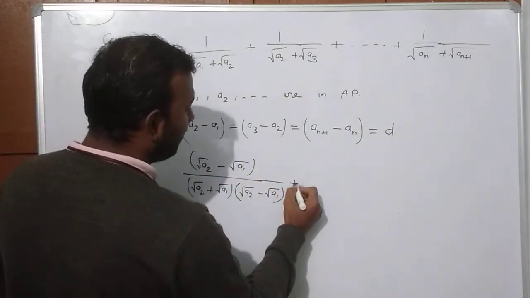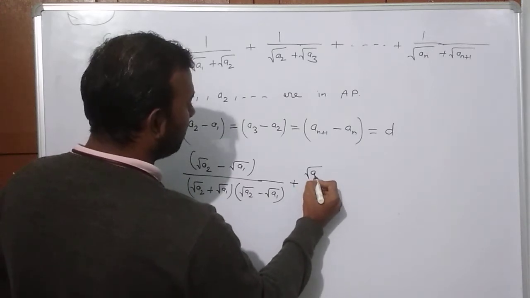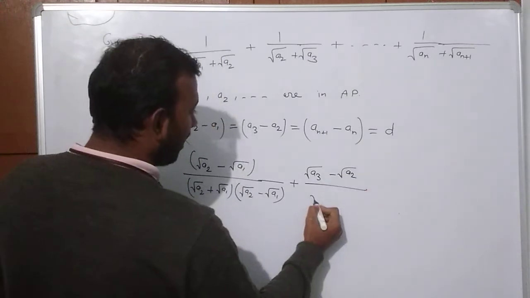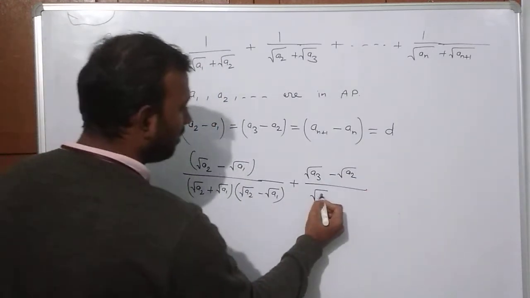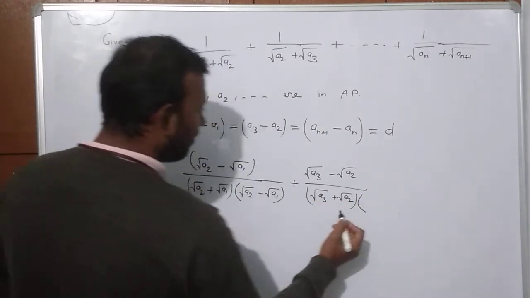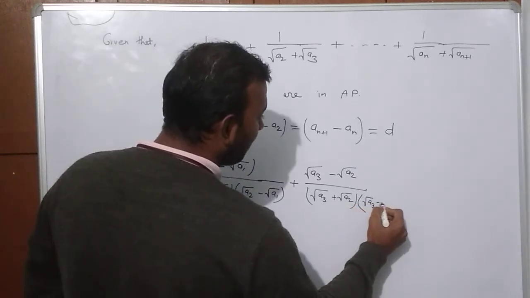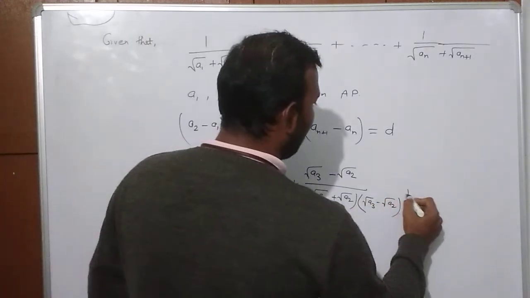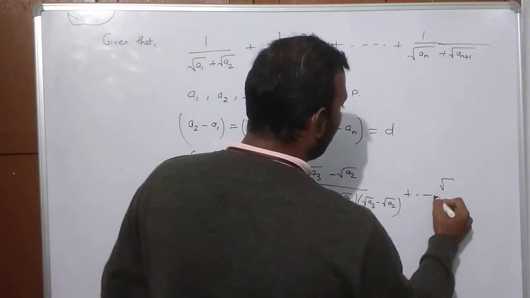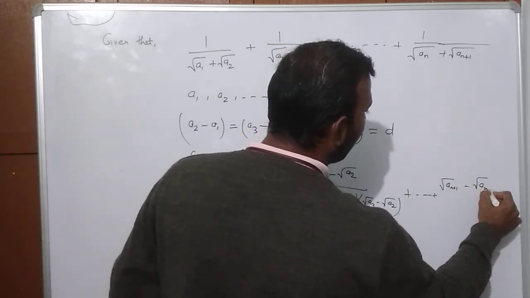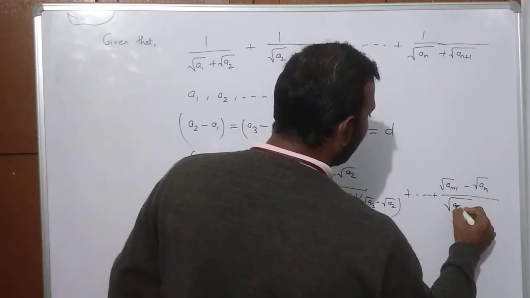Similarly, plus under root a3 minus under root a2 upon under root a3 plus under root a2, and in the second bracket we have under root a3 minus under root a2. Similarly, and so on, plus under root an plus 1 minus under root an upon under root an plus under root an plus 1.